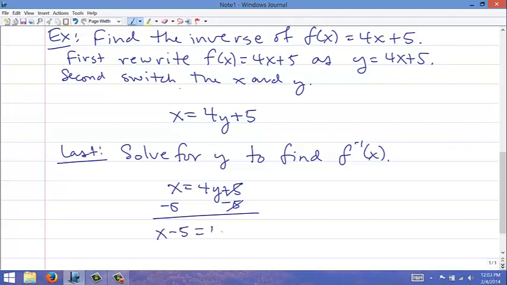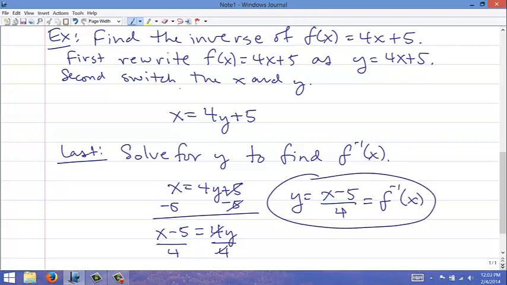So x minus 5 equals 4y. Divide both sides by 4. And we see that y equals (x minus 5) over 4, which is our f inverse of x. So that's how we find the inverse of a function.